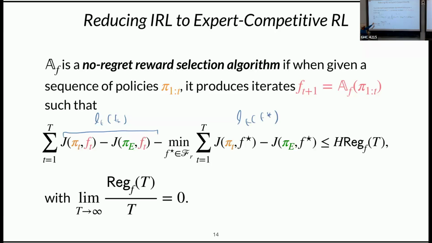So this condition right here, saying that the difference between the sum of our losses and the best option in hindsight goes to 0 in the limit of time, is what the no regret property was. And I'll also note that because these loss functions are linear in ft, gradient descent actually fairly rigorously is a no regret algorithm here. So you can think of this as just basically being gradient descent.